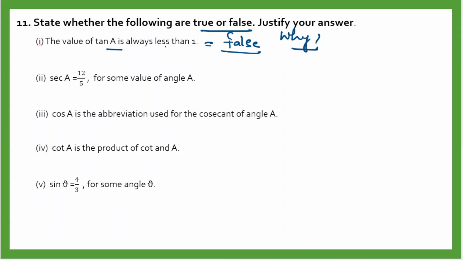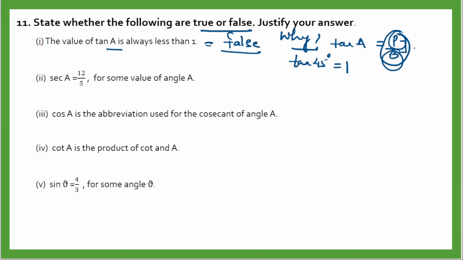Okay? Because we know that tan A is perpendicular divided by base. So perpendicular can be, here either numerator can be greater or less. And from the trigonometric table we know that tan 45 degree is equal to 1.